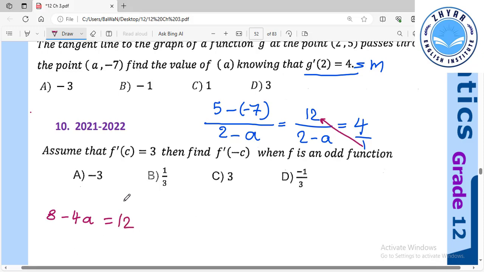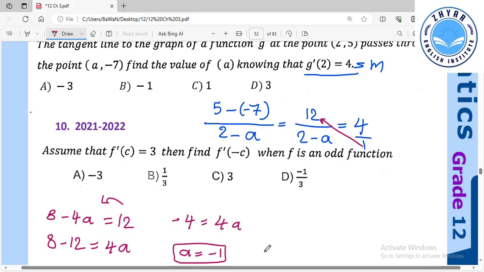Try to make A the subject, 12 goes to the other side. 8 minus 12 is equal to 4A. 8 minus 12 is negative 4, equal to 4A. Divide both sides by 4, so A is equal to negative 1. Then the right answer is B.